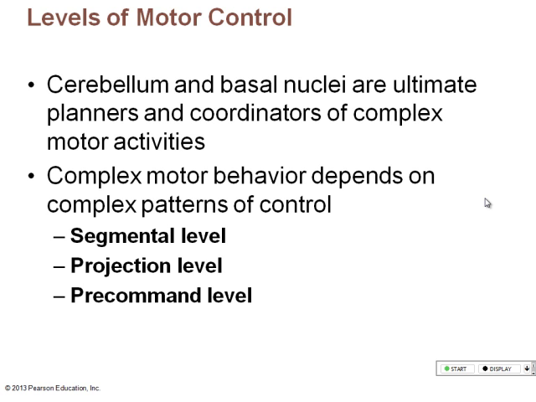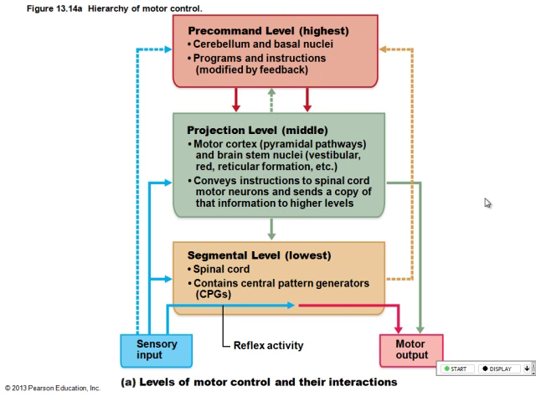So we have segmental level, the projection level, and the precommand level that are going to be responsible for coordinating motor innervation. On page 512, figure 13.14, we see a summary of the different levels mentioned before and the players involved in coordinating motor output.